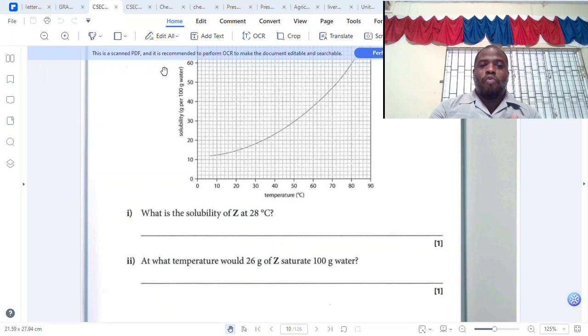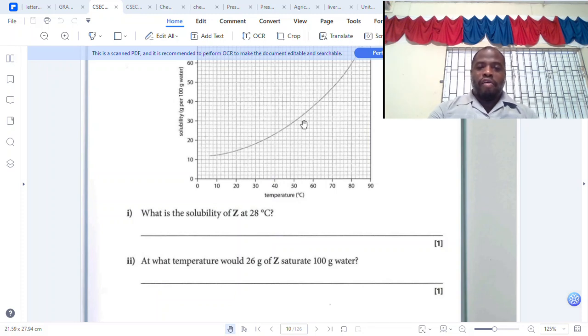And this is in 100 grams of water. So we find 26. So 20 is right here, 22, 24, 26, and we go right across. And as I said before, use your ruler. And so that will take us to 44 degrees Celsius as the temperature where it is now saturated.